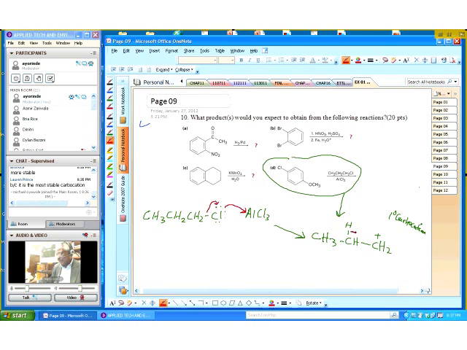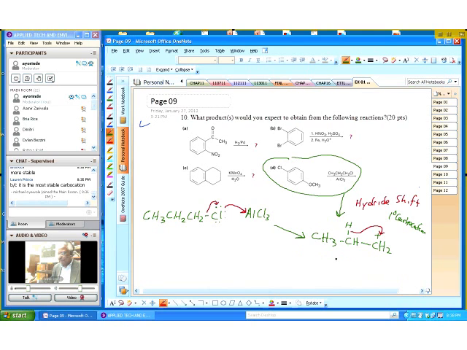So we have what we call the hydride shift. The same thing, we could have an alkyl group shifting. We call that the hydride shift. So the hydride will shift, taking the electron with it, to come here.